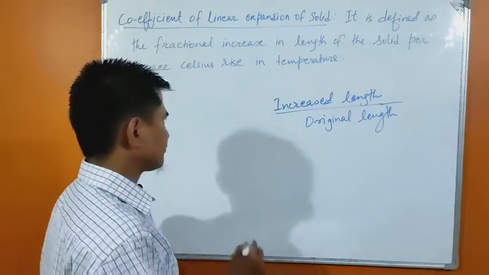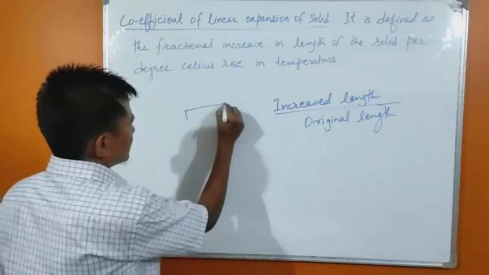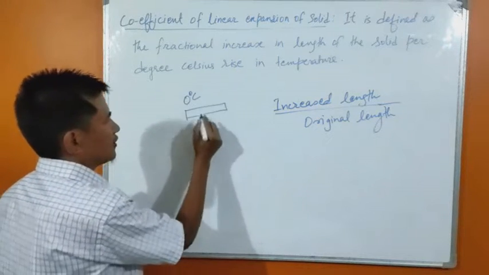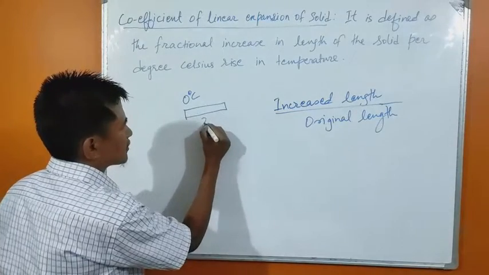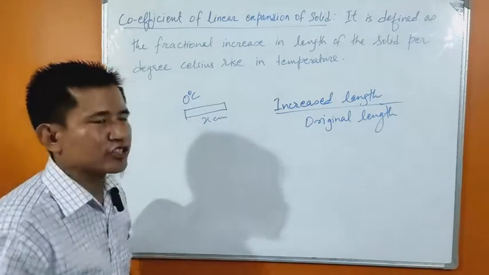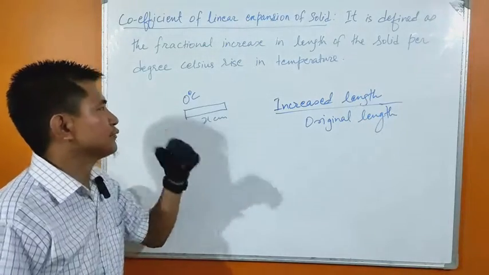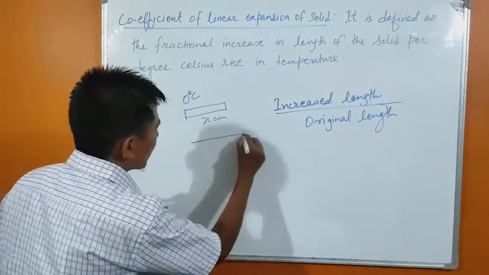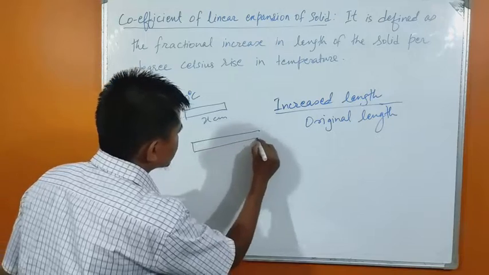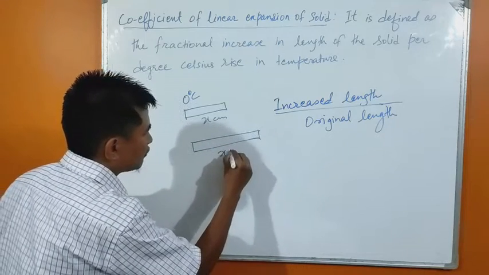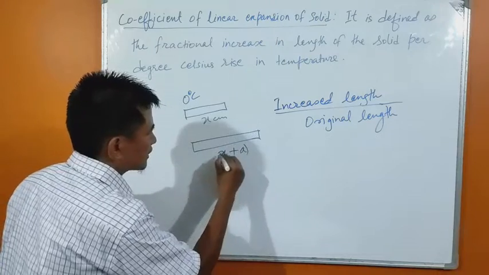Suppose this is a rod at 0 degrees Celsius and the length of the rod is x centimeter. Now when you increase the temperature to 1 degree Celsius, the length of the rod increases and the new length of the rod is x plus a centimeter.